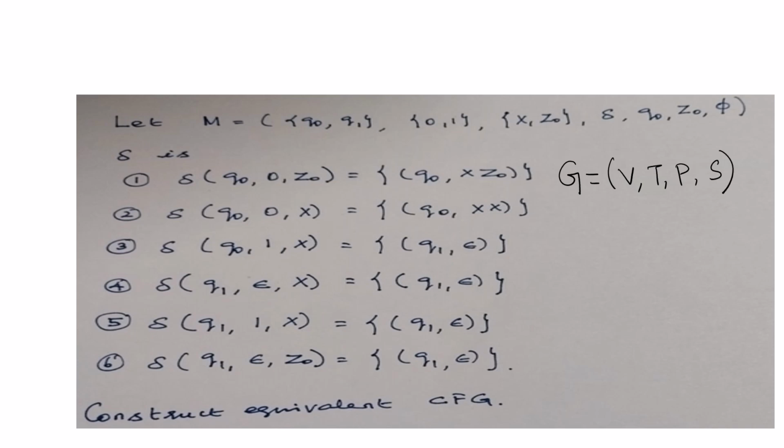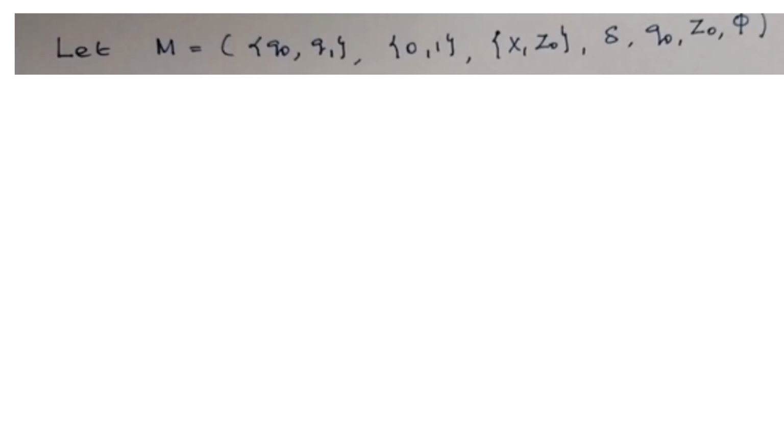So given this PDA, we first want to find the variables of the grammar. The states given in the PDA are Q0 and Q1. What are all the different combinations of these states we can get from these two states?